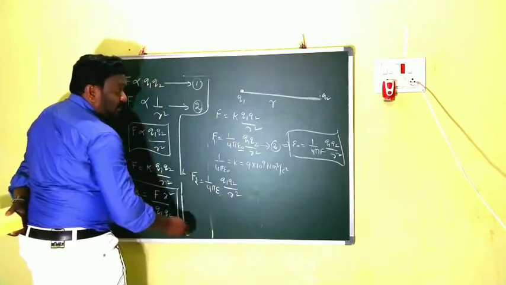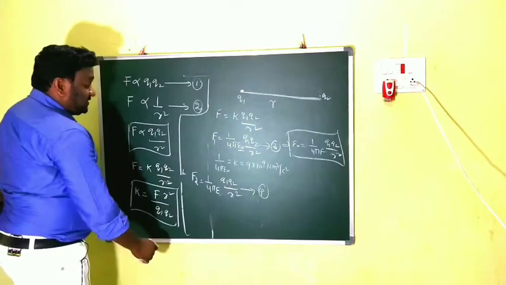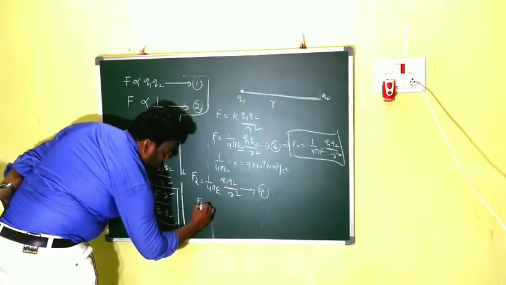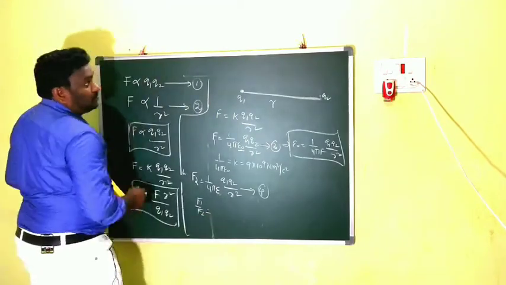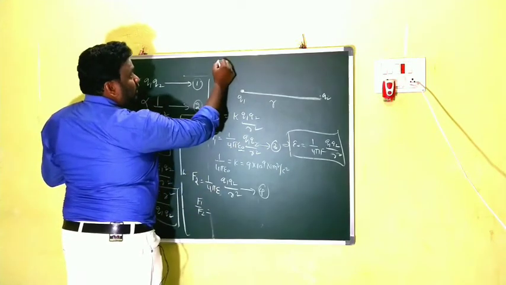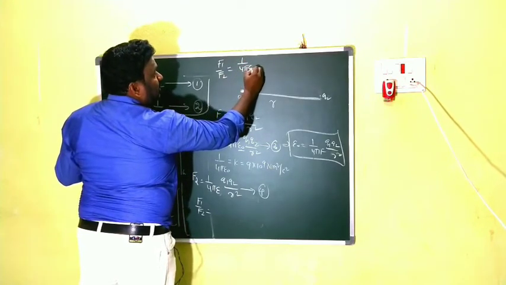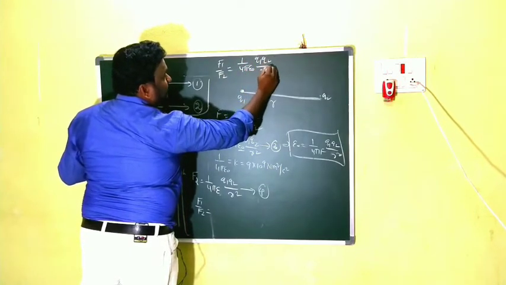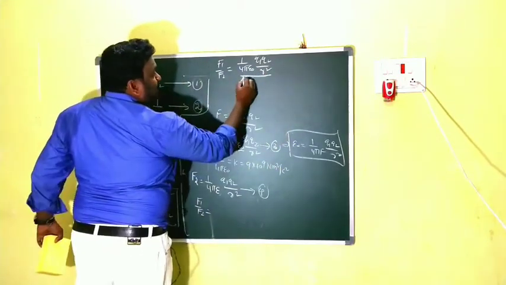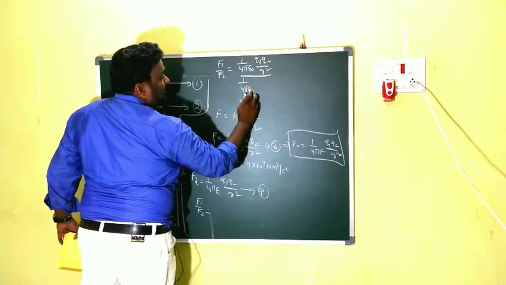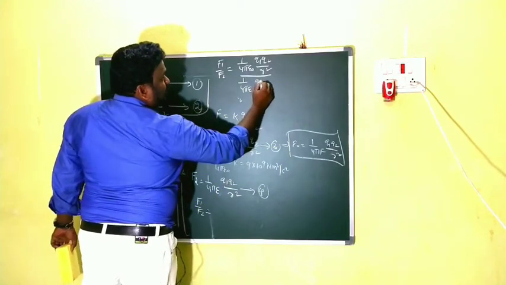Permittivity in medium. Now simply I am taking this as equation number 4. Clear? So after that, we are dividing these two, F1 by F2. F1 by F2 is equal to 1 by 4 pi epsilon naught Q1 Q2 by R square, by, I am erasing this for convenience, again 1 by 4 pi epsilon Q1 Q2 by R square.